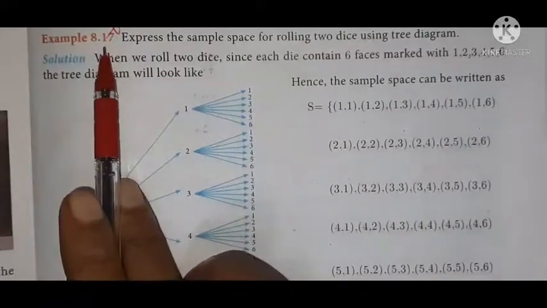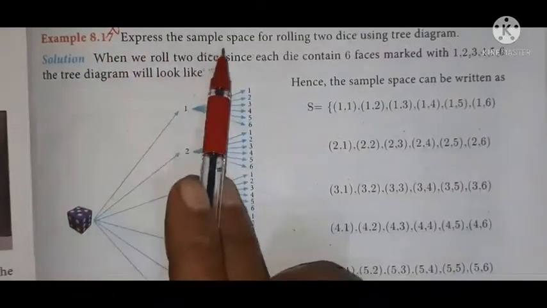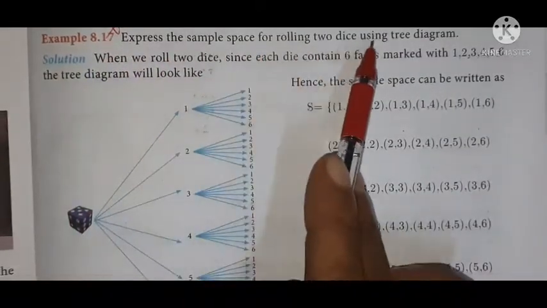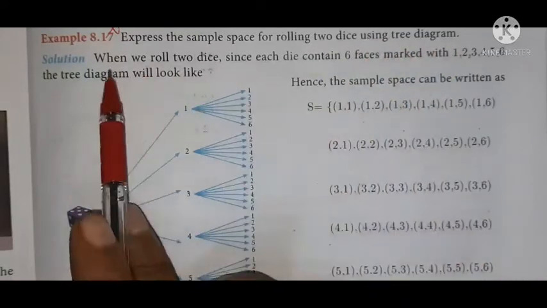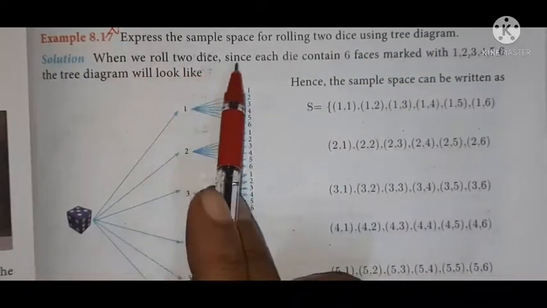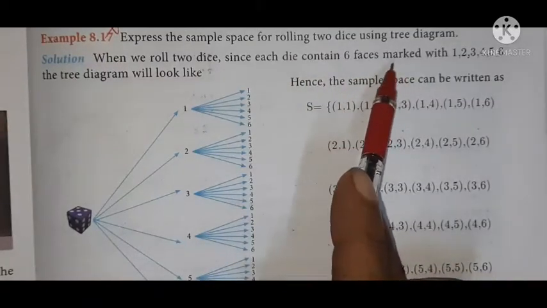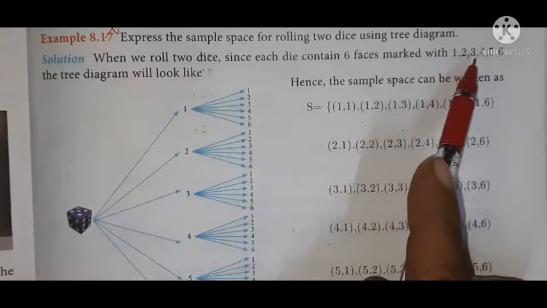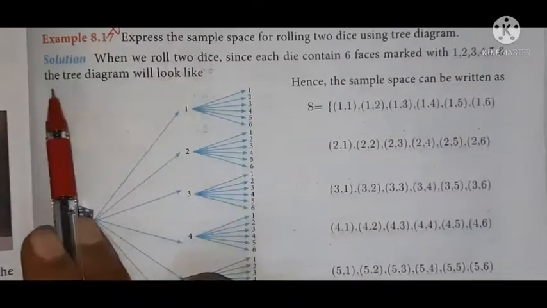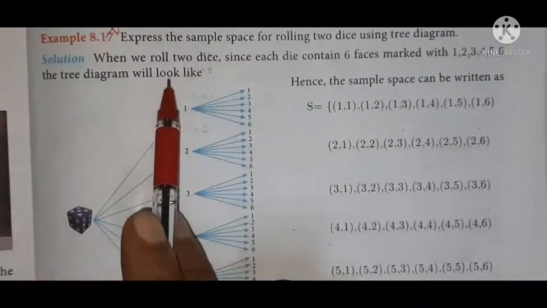Example 8.17. Express the sample space for rolling two dice using a tree diagram. When we roll two dice, since each die contains 6 faces marked with 1, 2, 3, 4, 5, 6, the tree diagram will look like this.